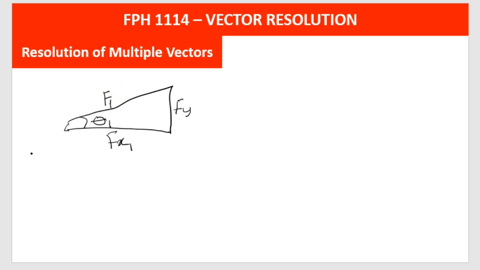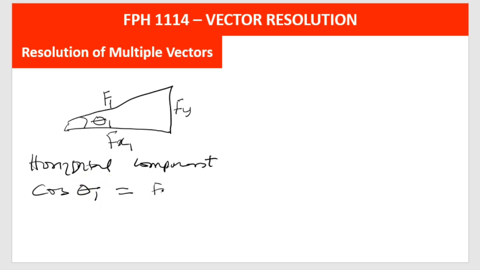So for horizontal components, we have adjacent over hypotenuse. So we have cos theta 1 is equal to our adjacent, which is Fx1, and our hypotenuse is F1. So by implication, we have Fx1 to be equal to F1 cos theta 1. So that is the first thing we are noting from here.